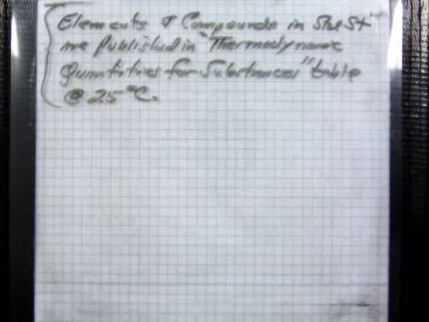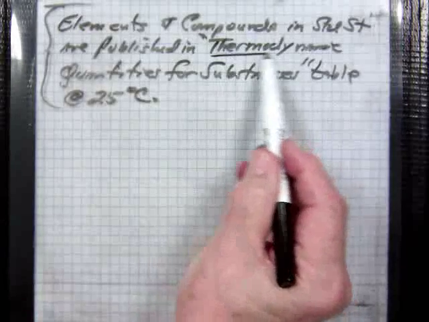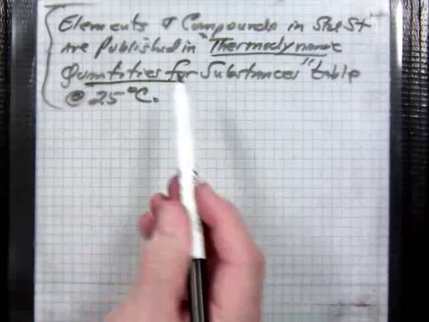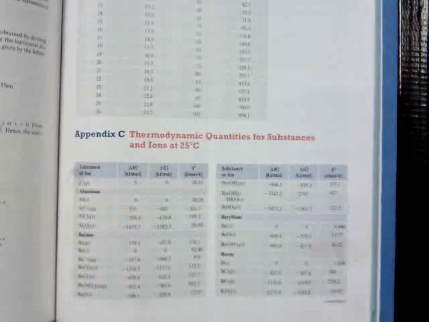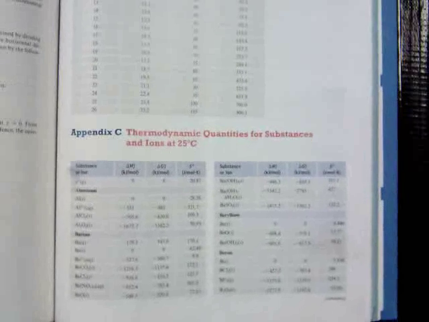This is found, you can go online and Google thermodynamic quantities for substances or standard state, heat of formation values. Google that, you'll get a gazillion citations. But they all are just like this one. And this one's in the back of your textbook. And it says, in the appendix, thermodynamic quantities for substances and ions at 25 degrees Celsius.